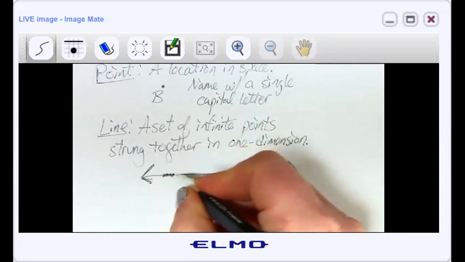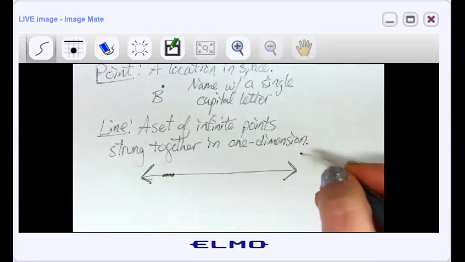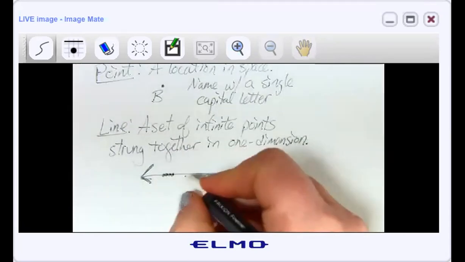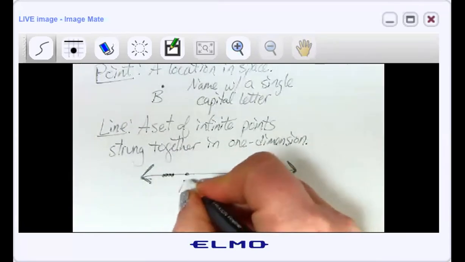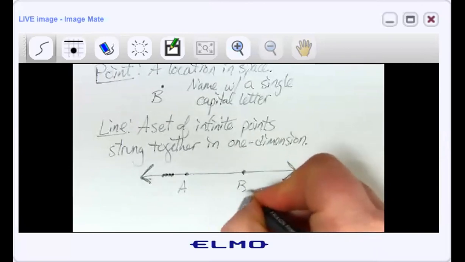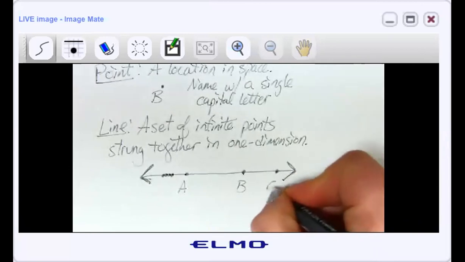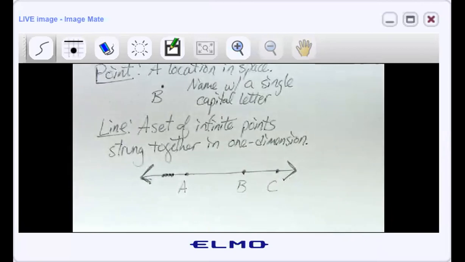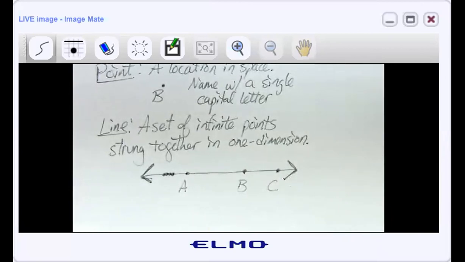So they create this string of points, and all together they create what we refer to as a line. Okay, so I could highlight just some specific points on this line. So here's A, maybe point B is over here, maybe point C is over here. So you just have an infinite number of points, you put them all together, and it creates a line.